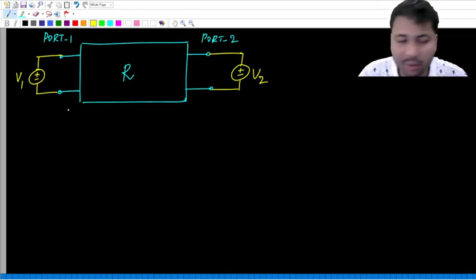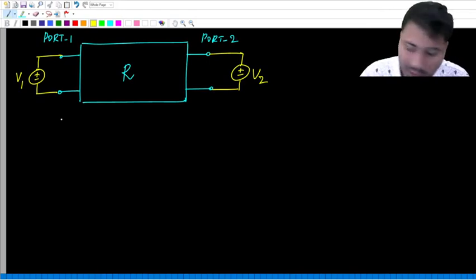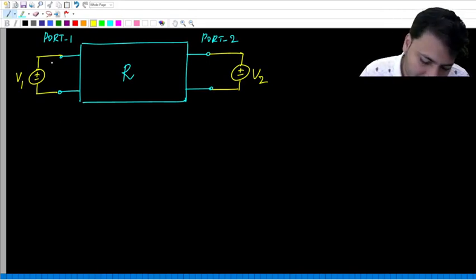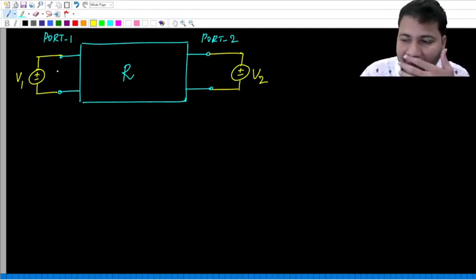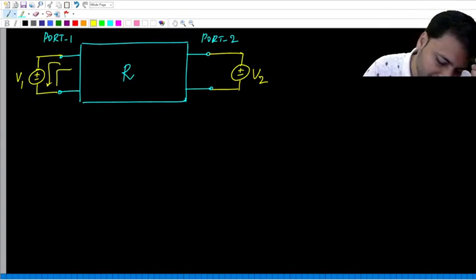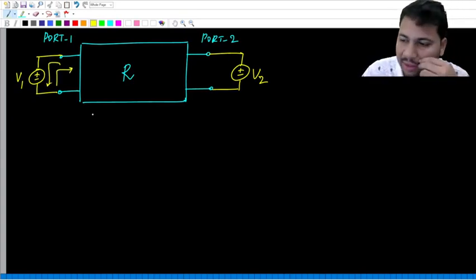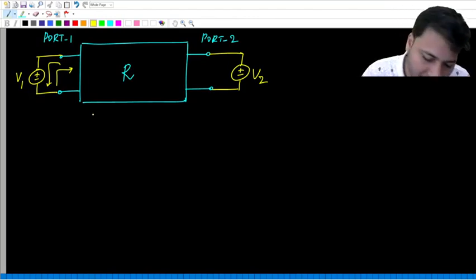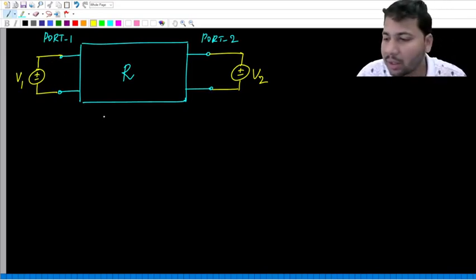While showing the currents, we have to follow some standard convention. Now what is that standard convention? Because for current you have to show the direction. Yes, the current can flow like this, the current can also flow like this. But you cannot have any arbitrary way of assigning the current direction. You have to follow some standard convention. What is that standard convention of assigning the direction of the current at any port?